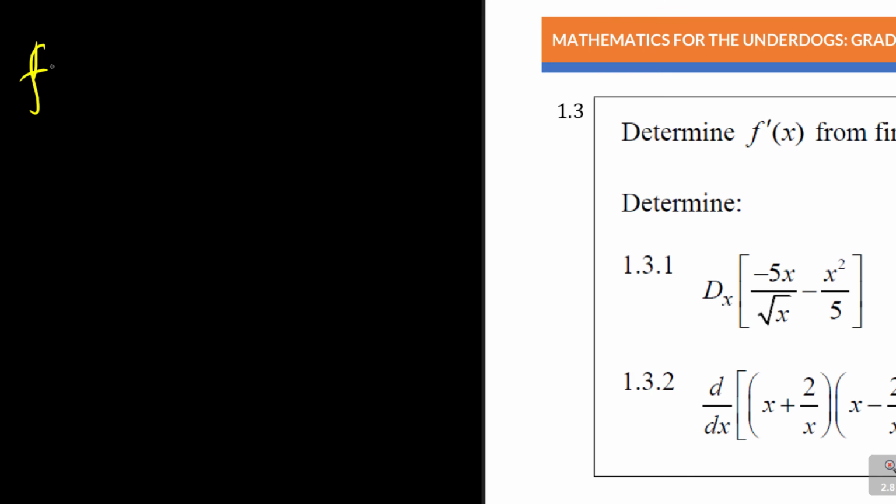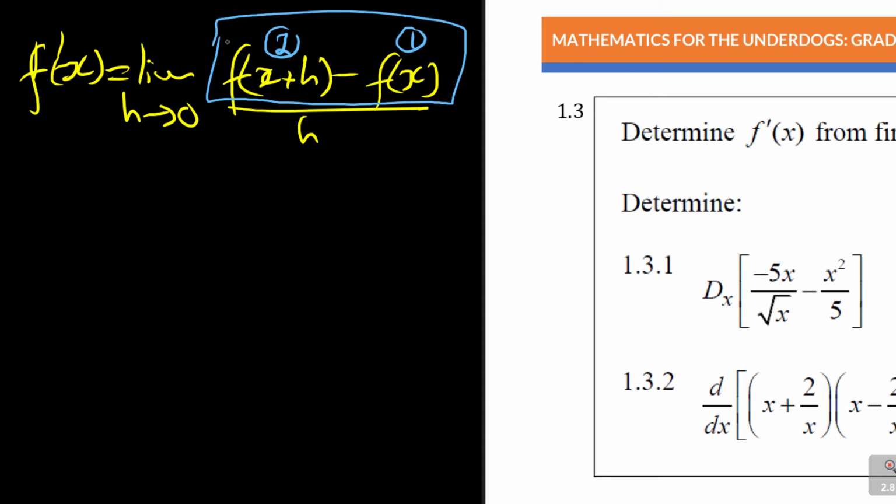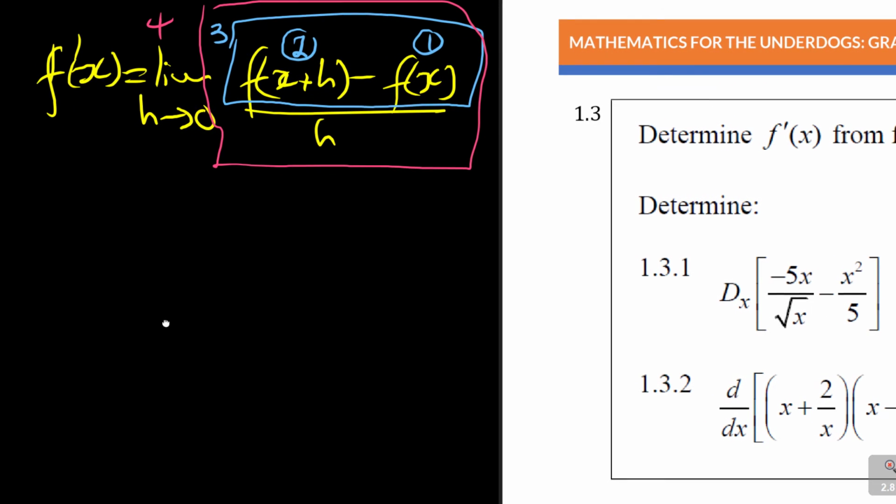It says f prime x is equal to the limit as h approaches 0 of f of x plus h, they give you this, minus f of x, over h. So as I said, this is your number 1 which is already given. This becomes your number 2. Then this becomes your number 3. And the big one becomes your number 4. Then you follow that. Trust me, it's going to work for you.